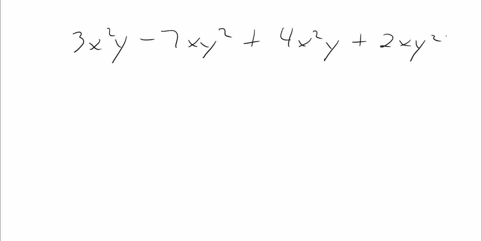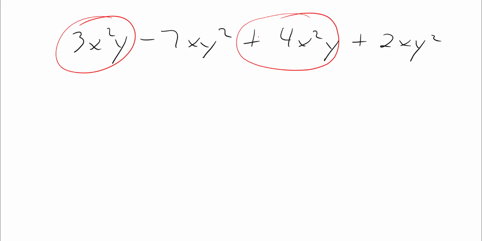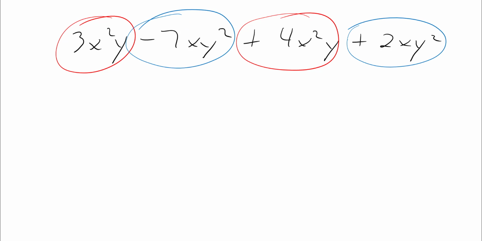So you should look to see what's the same, okay? And if you do it, you see oh, I've got an x squared y, and I have an x squared y. And then you look at the other one, oh, I have a negative 7xy squared and a 2xy squared. So those are the same. Same variables, same exponents.